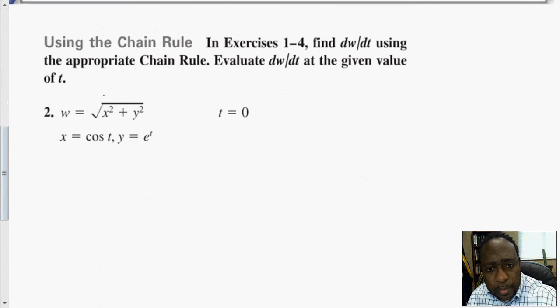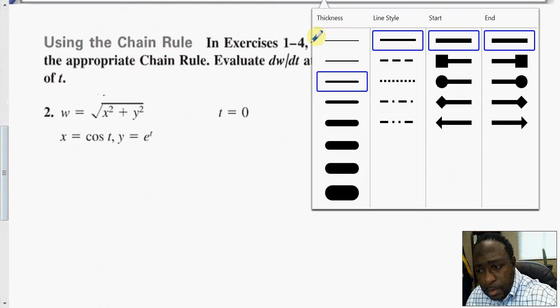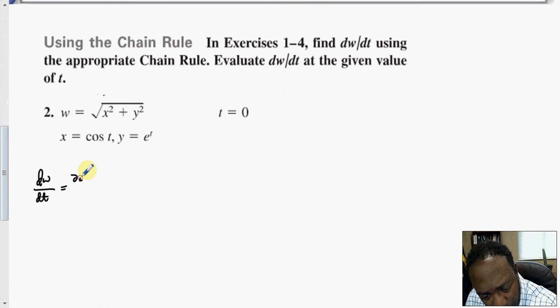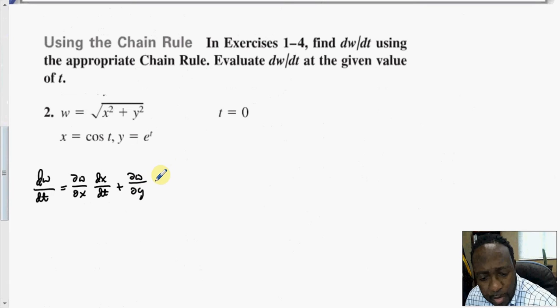So we're looking for dw over dt, which is the partial of w with respect to x times dx over dt plus the partial of w with respect to y times dy over dt.